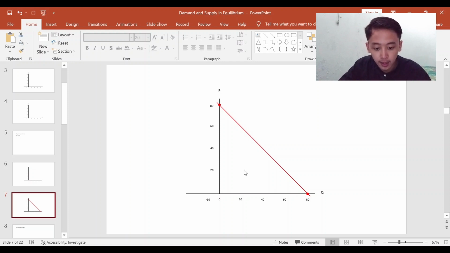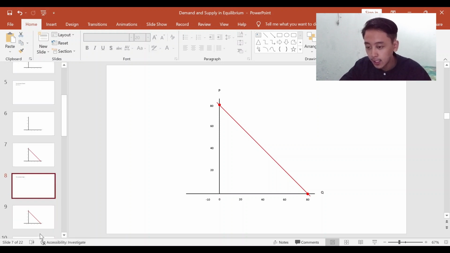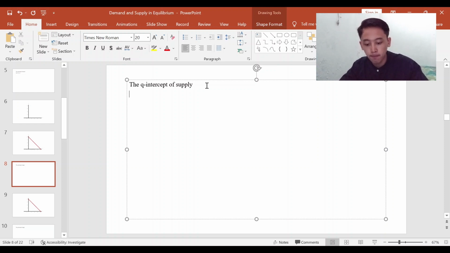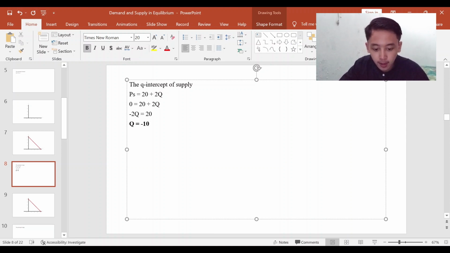Next, let's draw the supply curve. Now to find the supply curve, we must first find the Q intercept of supply, which I do by setting price supplied to 0. The supply curve begins at a quantity of minus 10.